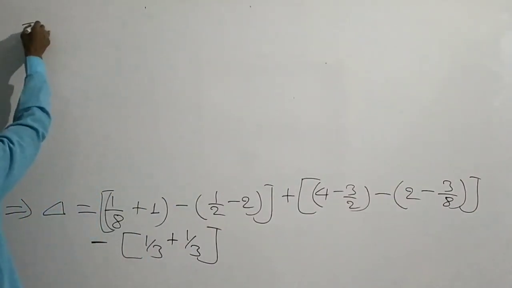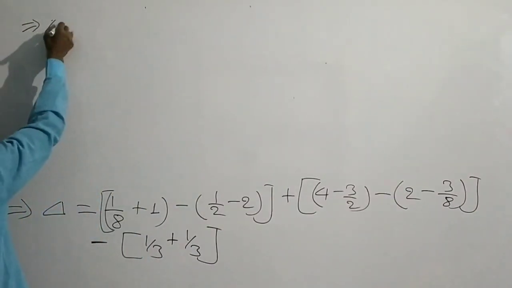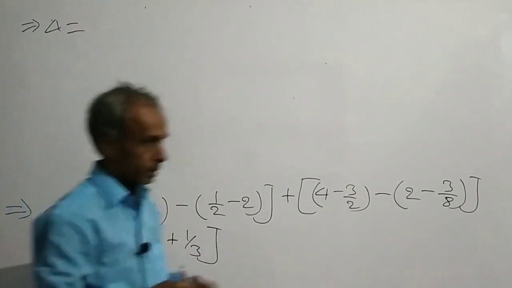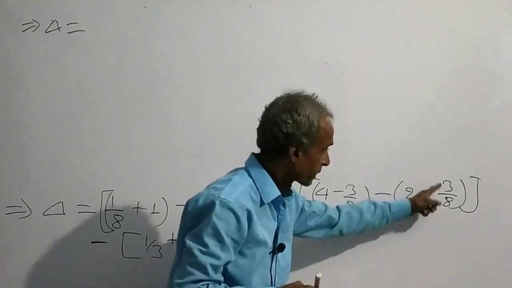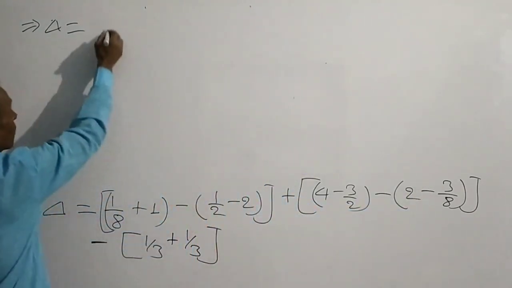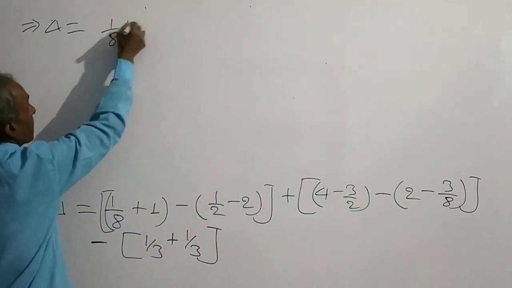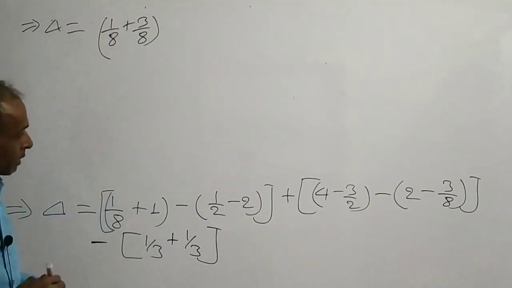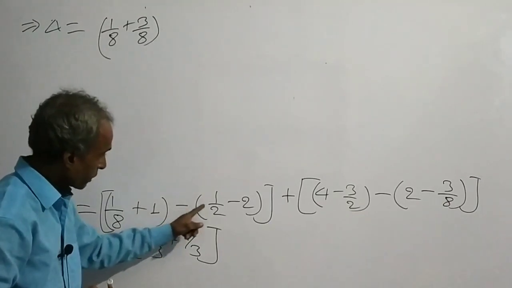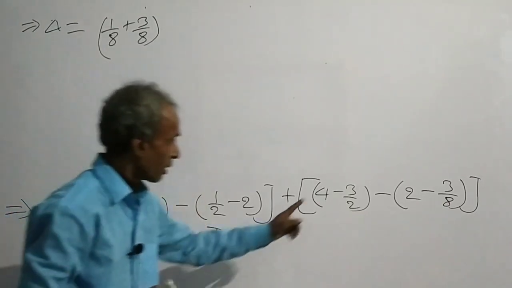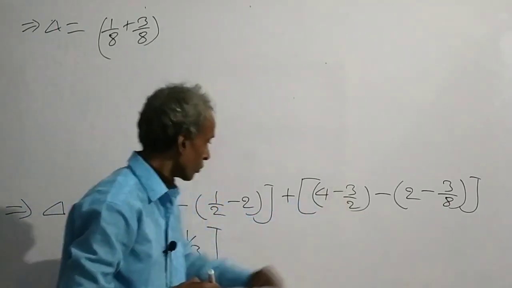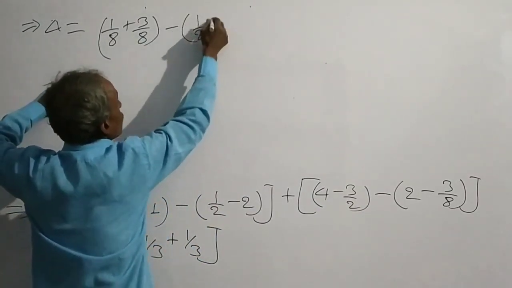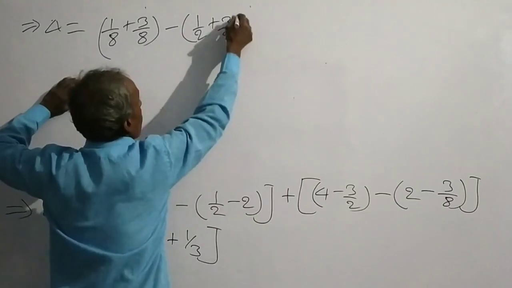This implies delta is equal to 1 by 8 minus minus plus 3 by 8. 1 by 8 plus 3 by 8. Minus 1 by 2, minus 3 by 2, minus 1 by 2 plus 3 by 2.